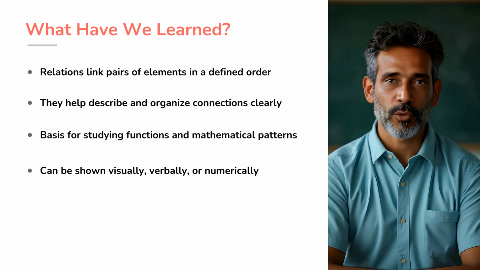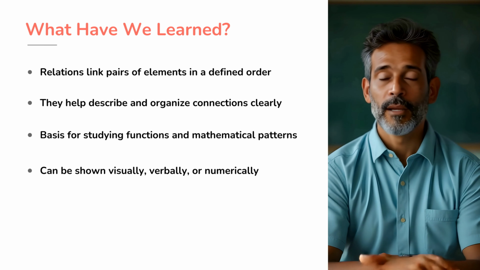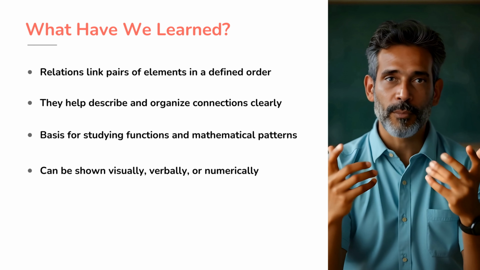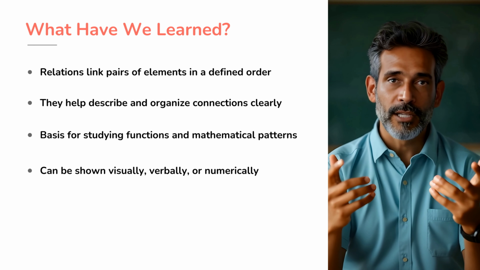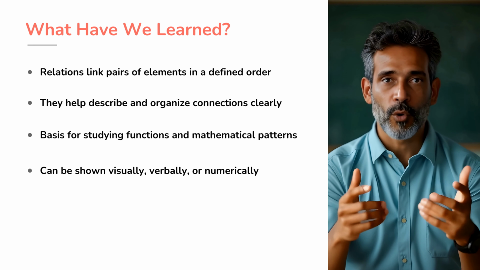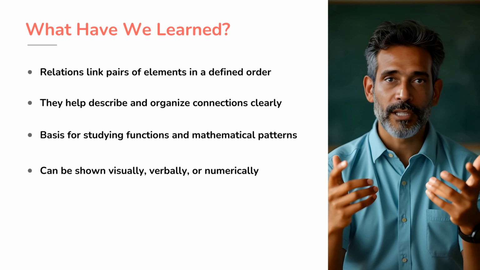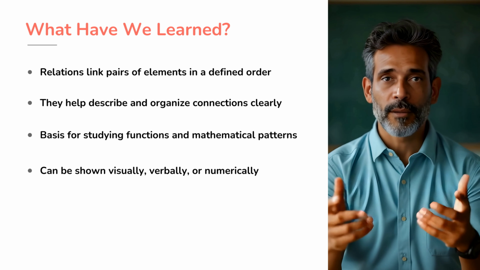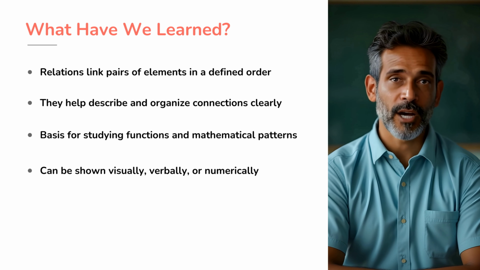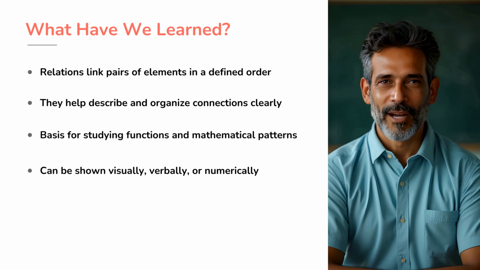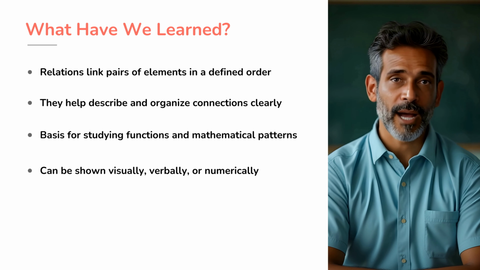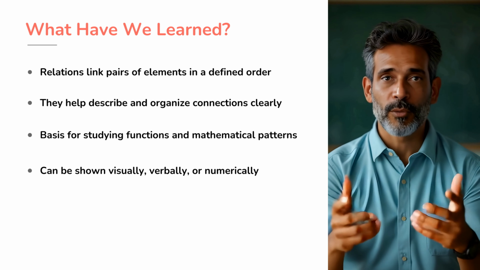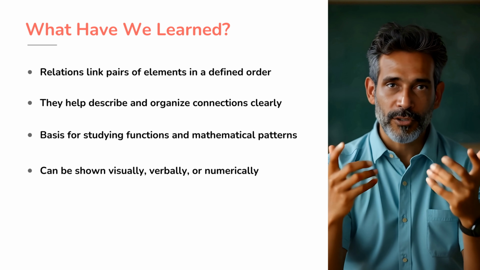Let's take a moment to recap what we've learned so far. First, a relation is simply a way to link pairs of objects or quantities in a specific order. It helps us clearly describe how different elements are connected to each other. Relations are the starting point for bigger ideas like functions, graphs, and mathematical models that let us explore patterns and make predictions.